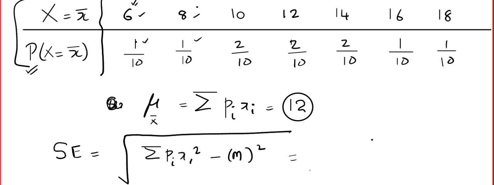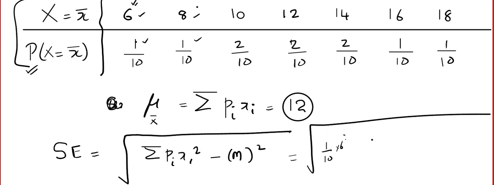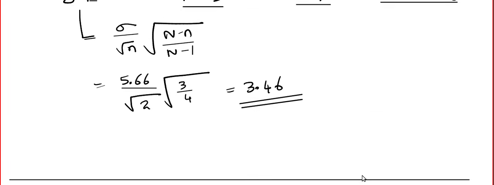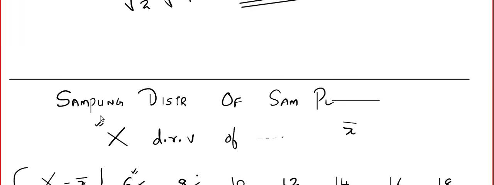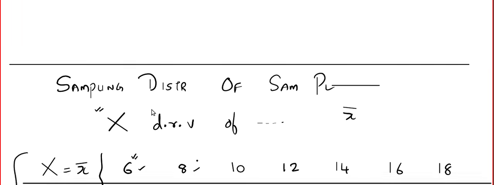So that will be root under 1 by 10 into 6 squared plus 1 by 10 into 8 squared plus 2 by 10 into 10 squared and so on, minus 12 squared. I got the answer 3.46, which is the same answer as above. So remember, in case they ask for the sampling distribution, you have to do this much.